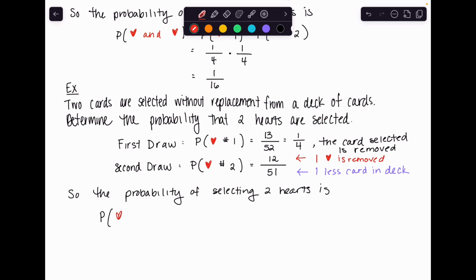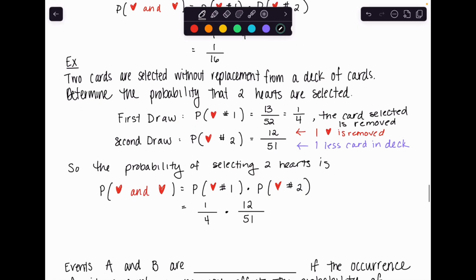So again, when we're doing this end event, I'm going to look at my probability of getting a heart on the first draw, and I'm going to multiply it by the probability of getting a heart on the second draw. Probability of getting a heart on the first draw is still the same. It's 1 in 4. However, I now have a 12 in 51 chance for the second draw because 1 card has been removed.